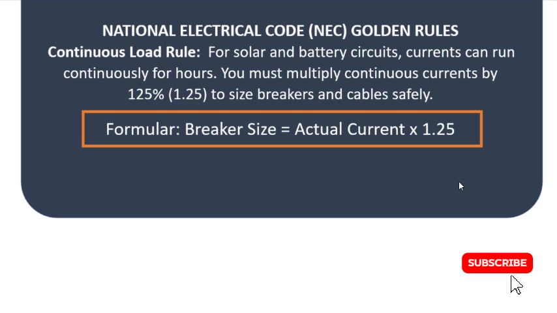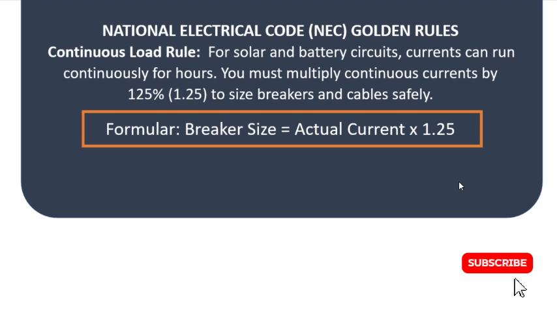That is why we will be multiplying it by 1.25, that's the 25%, to add an extra 25% for safety headroom, and also to avoid unnecessary tripping, to protect the breaker from tripping off regularly. That's why we don't allow the breaker to work at 100% of its rated capacity.